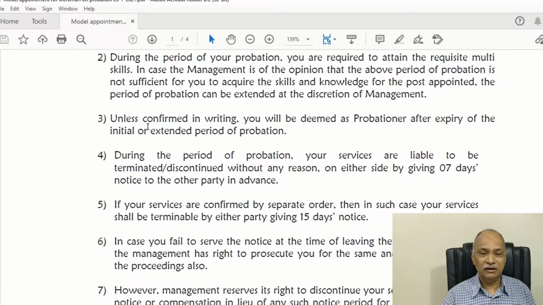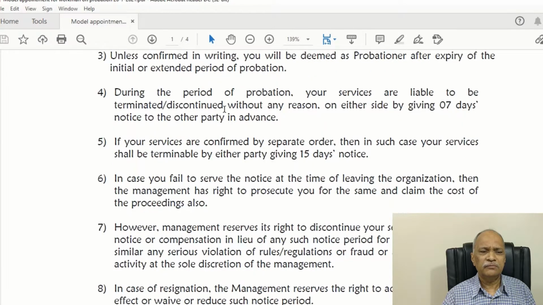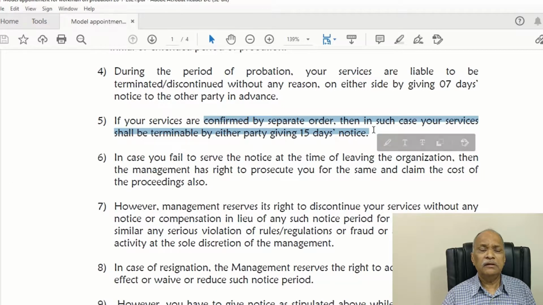That is not advisable. During the probation period, either party can discontinue or terminate the services by giving 7 days notice. After confirmation of the services, as per the model standing orders, either party has to give 15 days notice.